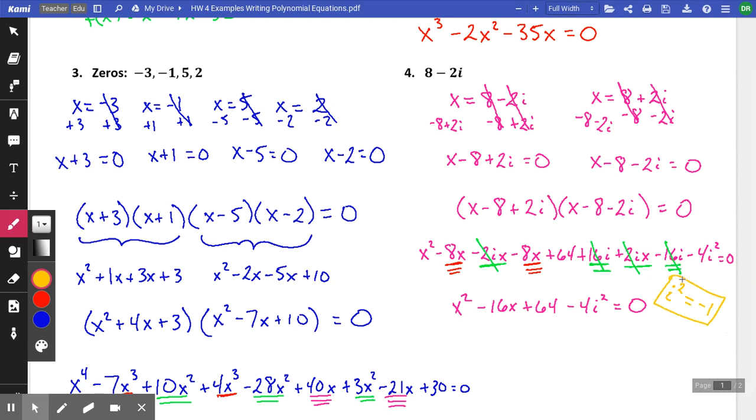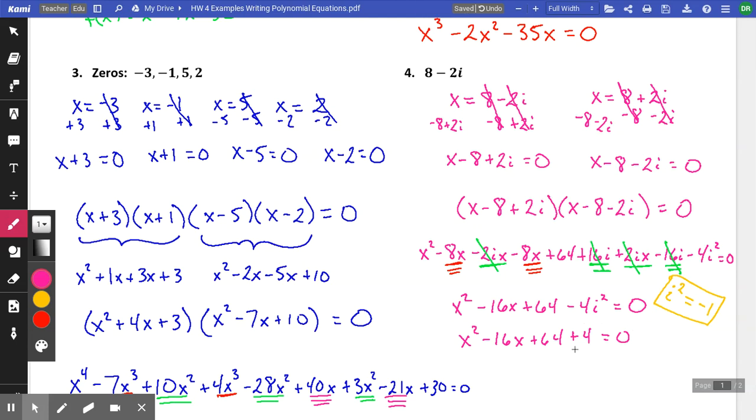Okay. And so what that means for us is working with this polynomial where we have the minus 4i squared, it would really be a negative 4 times a negative 1, which would turn into just a positive 4. And so we have x squared minus 16x plus 64 plus 4.